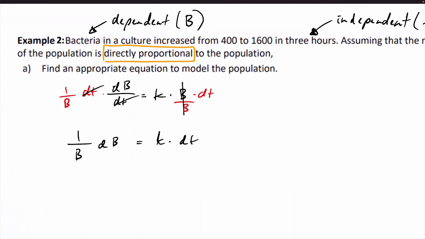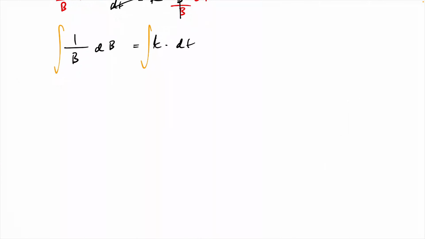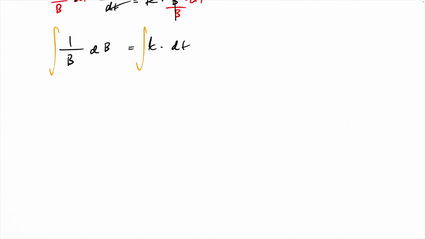Now let's try this and see if we're ready for it. After we do integration, that's our next step. Integration. What are we going to end up with? If you can't see, it's okay. But I just want to see if we're ready to skip that step. Natural log of B, good. Natural log of B equals, keep going.